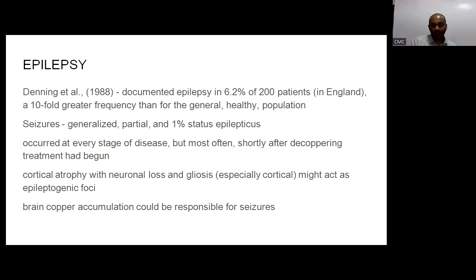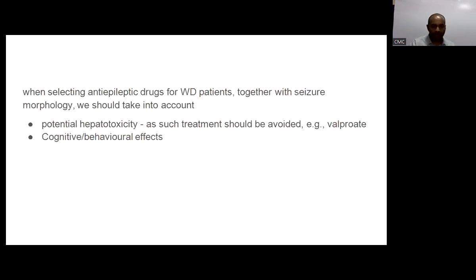In advanced stages, you have cortical atrophy, neuronal loss, gliosis, and these may act as epileptogenic foci. So when we are selecting anti-epileptic drugs for Wilson's disease, we should take two factors into account. We should not give hepatotoxic drugs like valproate, and we should avoid drugs which worsen cognitive and behavioral effects.